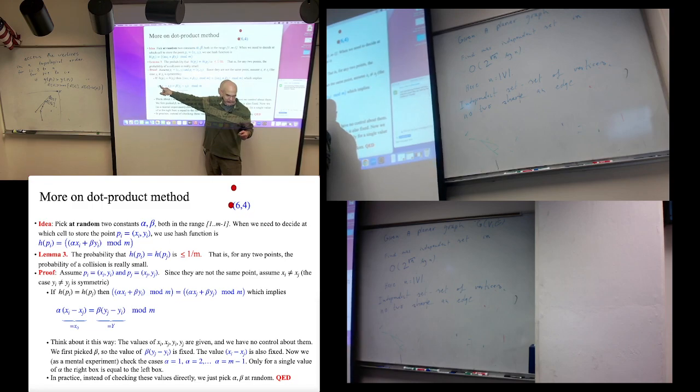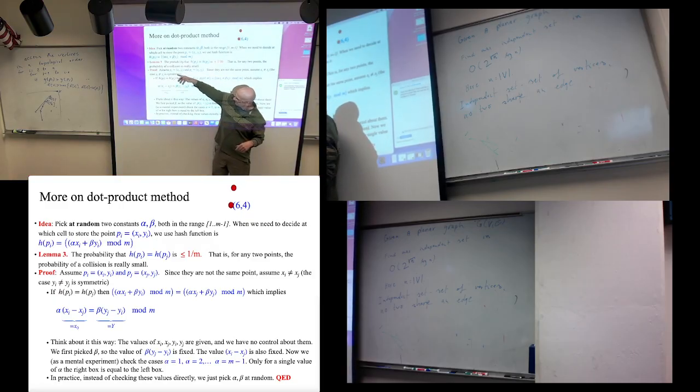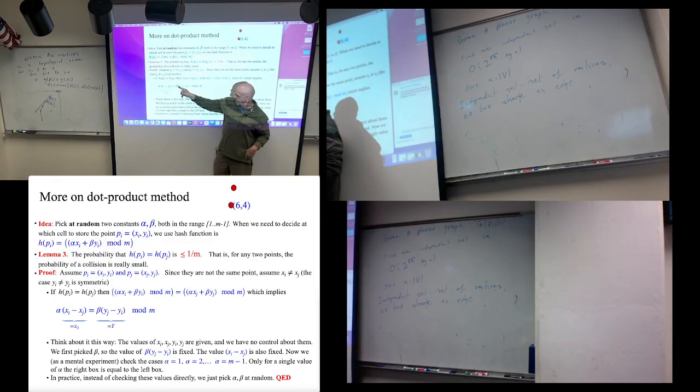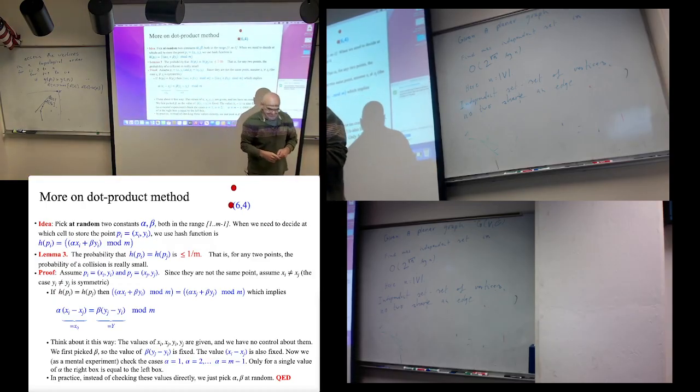It would be m if I allow 0, m minus 1 if I'm not. And after I chose it, I'm asking what is the probability that I'll pick beta, the other part of the hash function, so I will have a collision between two keys. I'll assume that somebody gave me two keys, and I'm asking how many functions create a collision.